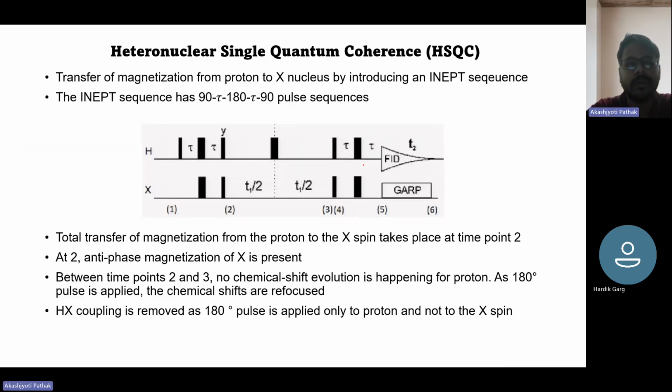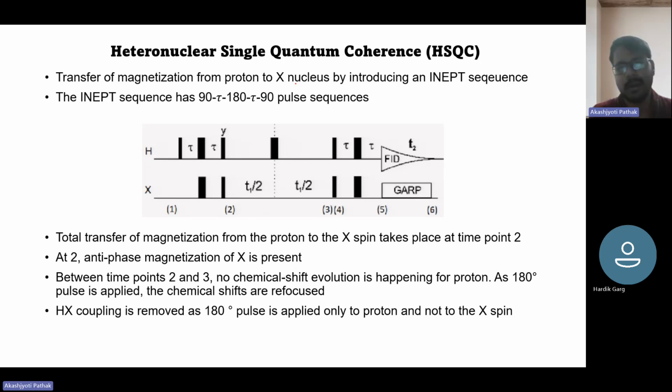Now we will come to the heteronuclear single quantum coherence experiment. In a heteronuclear HSQC experiment, since we are obtaining the fine structures in the cross peaks, that is not giving us any information. We want to eliminate those fine structures in the cross peak. So in HSQC, the transfer of magnetization takes place from proton to X nucleus.